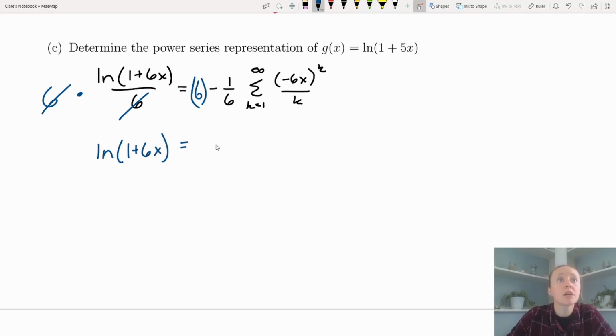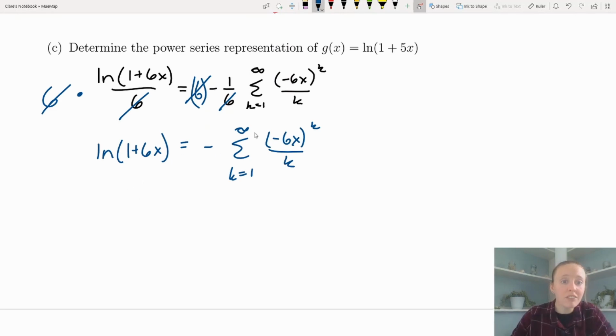And that's going to be equal to, the 6's over here will cancel out. That'll be a negative summation from k equals 1 to infinity of negative 6x to the k all over k. So now we're even closer to that ln of 1 plus 5x, because if I just change this 6x to be a 5x, I'll be at the ln of 1 plus 5x.